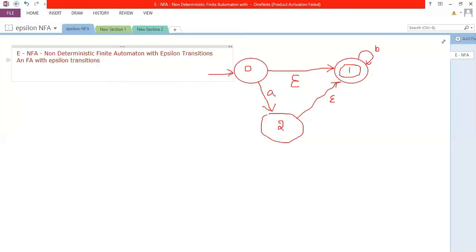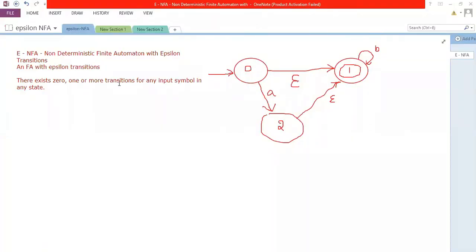So there exist 0, 1 or more transitions for any input symbol in any state. As specified here, there can exist 0, 1 or more transitions.